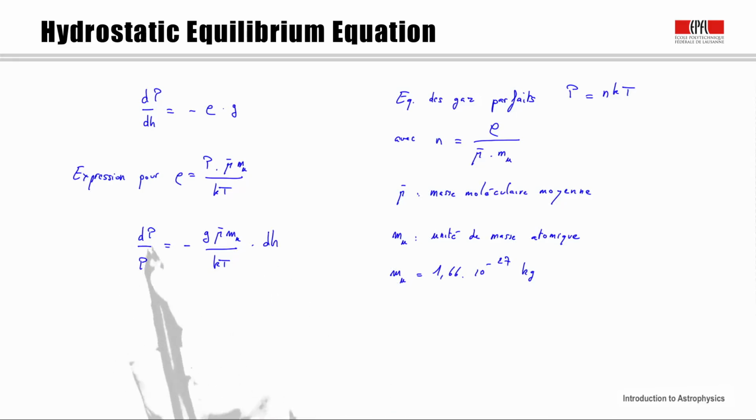We have on the left-hand side a dimensionless quantity, so the right-hand side must also be dimensionless. Therefore, the dimension of this term is the inverse of a length.